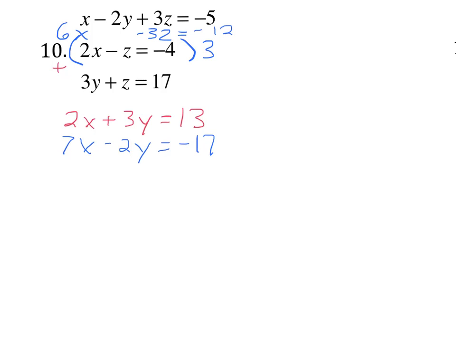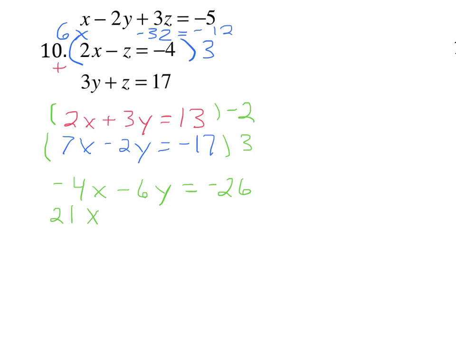So it looks like maybe the next easiest variable to eliminate would be the y's. So I'm going to multiply the first equation by a negative 2 and the second equation by a 3. So that will give me negative 4x minus 6y equals negative 26 and 21x.